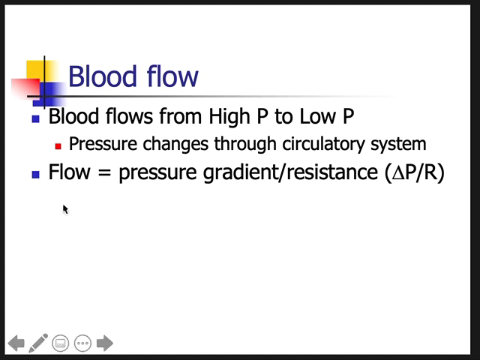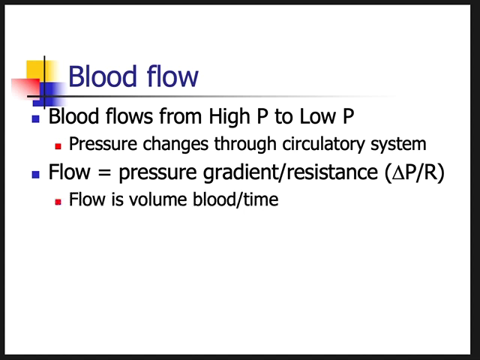Okay, so flow is measured by your pressure gradient, delta P, divided by R, resistance. And we'll actually look at this with more specifics in the next lecture. But for now, let's get the basics.